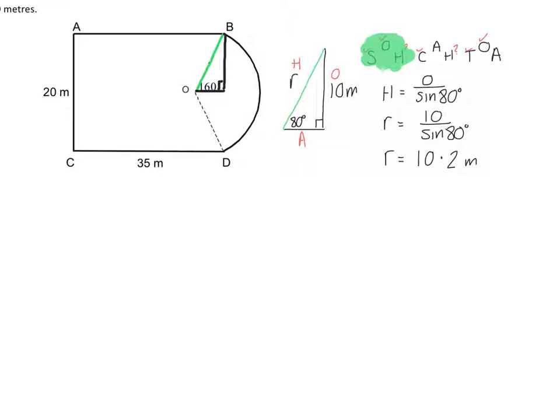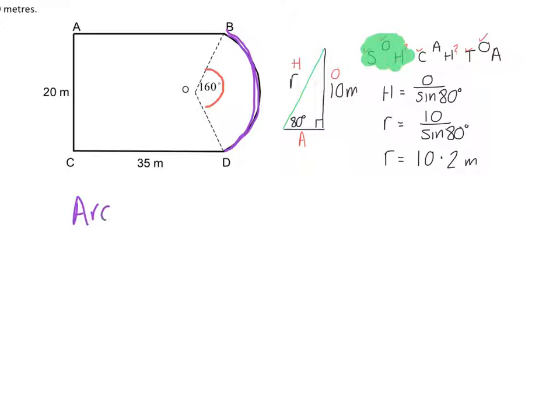So I'm going to start by clearing some of the additional lines from the original diagram. We'll then make it clear exactly what it is that we're trying to find, which is this arc length here. The angle at the centre is 160 degrees. So we'll use our formula for the arc length.